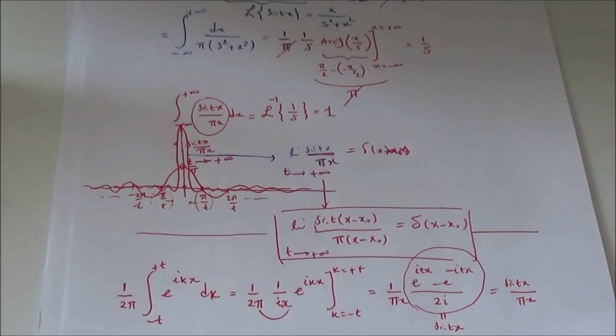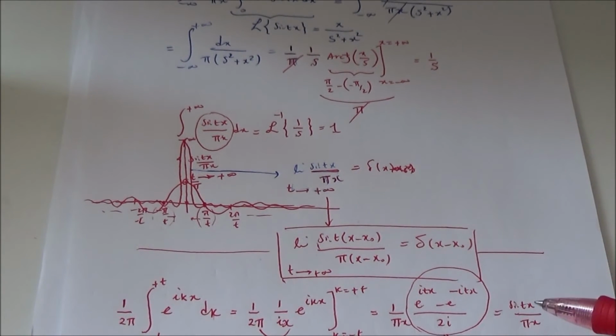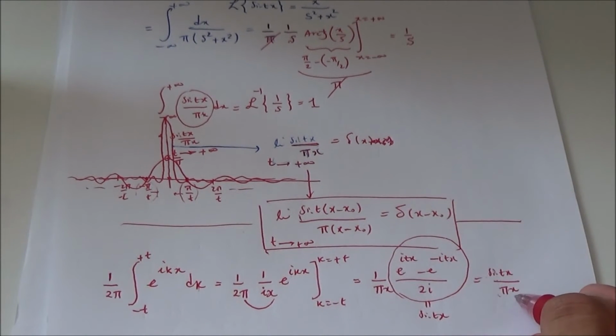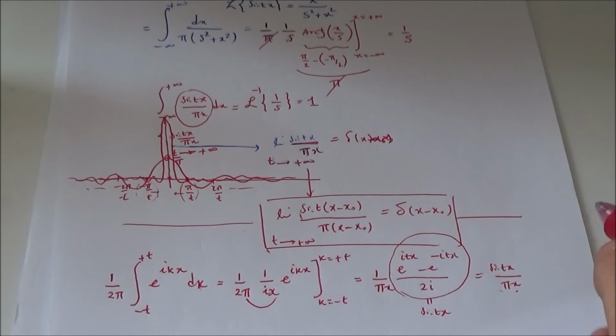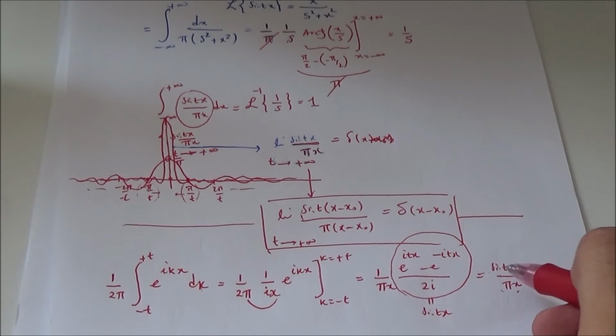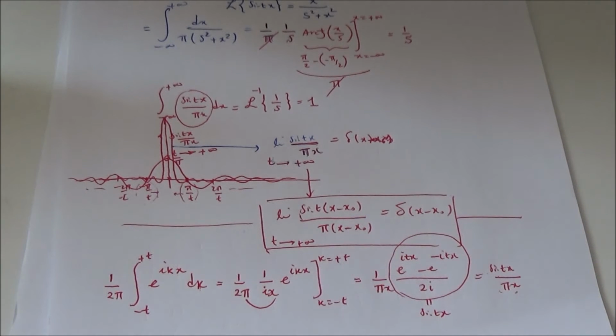This is the function that I have defined at the beginning of this video. So I've started with sine of x over pi x, and then I've generalized, I've added this parameter to it, such that this is the function that I considered at the beginning.